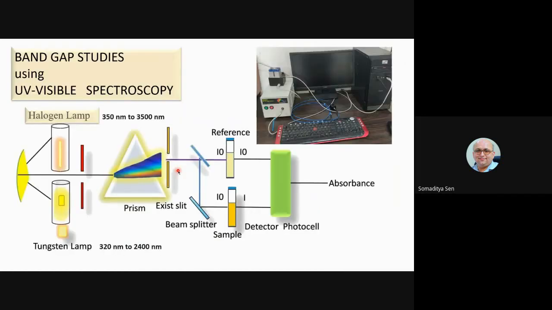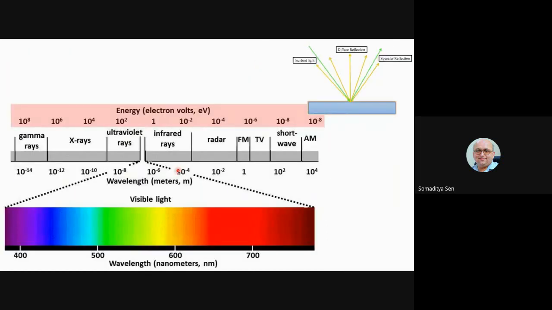Band gap, I already said. So let me quickly go through it. The entire energy spectra is there to analyze our samples. In UV-vis, I already described in that slide. Generally for solid samples we take the diffuse reflection.